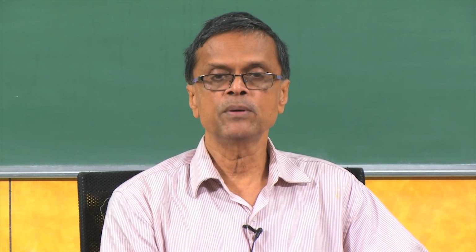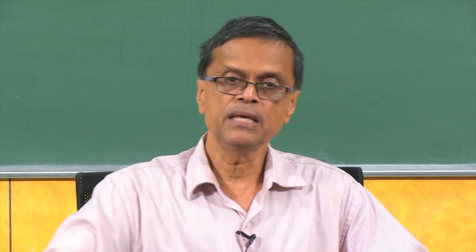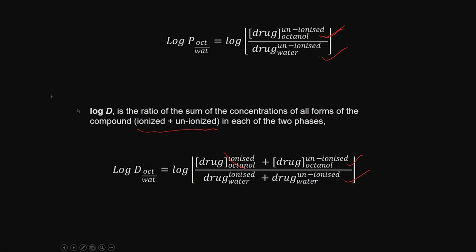You get different values for log P depending upon the software we use, and similarly different values for log D. Log P is the unionized form, whereas log D is the ionized form, and generally only in the aqueous phase do we find the ionized and unionized forms, whereas if you take a solvent like chloroform you will not find the ionized form. So, you will have only one term in the numerator if you are calculating log D.